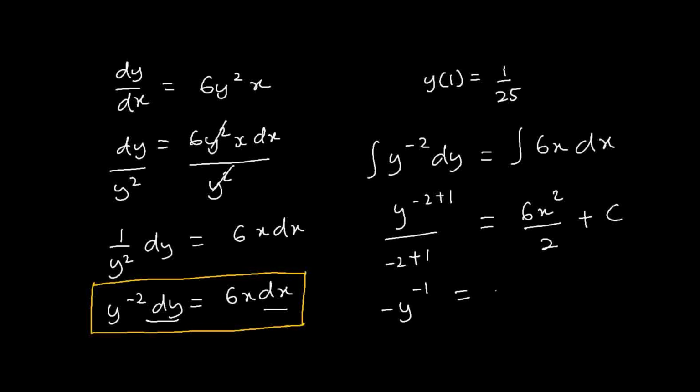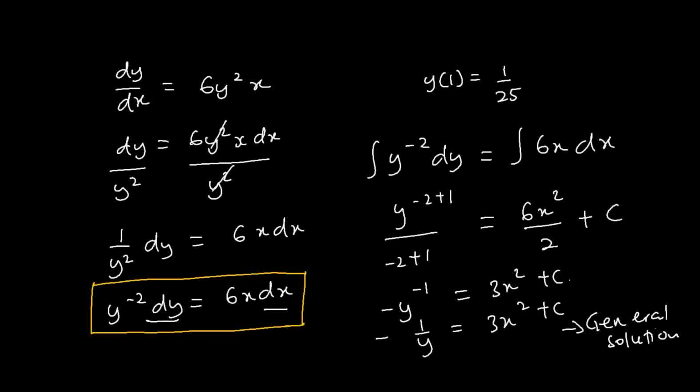This will be equal to 3x squared plus c. So I can write this as minus 1 over y equals 3x squared plus c. Okay, so this is the general solution.